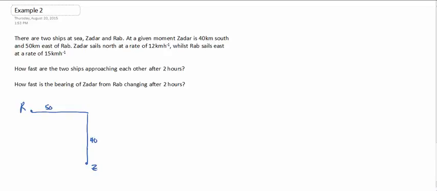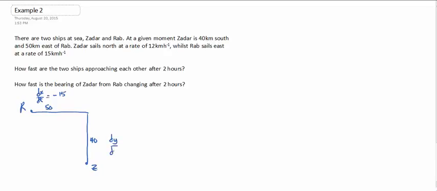And we know that this x distance is changing, dx/dt. This x distance, the Rab is sailing to the east, so dx/dt is getting smaller at a rate of 15, and the Zadar is sailing north, so this 40 distance is going to get smaller also.